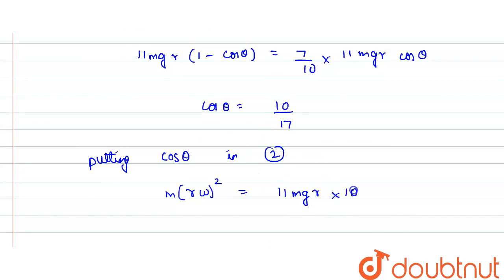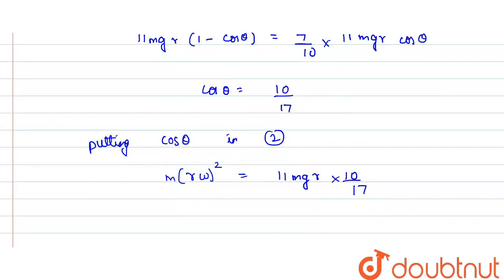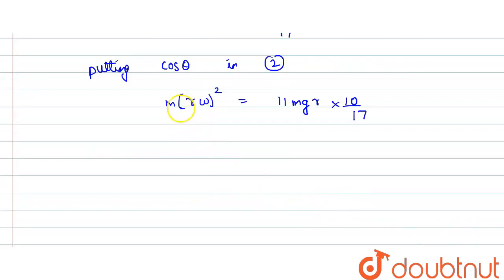The cos theta value is 10 divided by 17. So from here, m would be cancelled, 1 power of r would be cancelled. So here it would be omega square, then here it would be 110 divided by 17. Now m is already cancelled, 1 power of r is cancelled, so it would be just g divided by r. Or we can say that our omega would turn out to be 110 divided by 17 g divided by r in the square root.